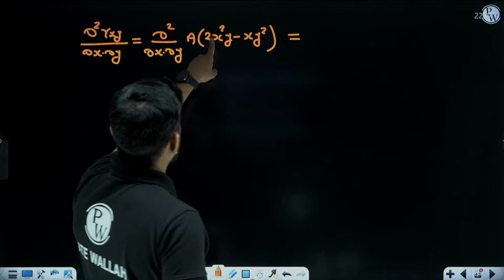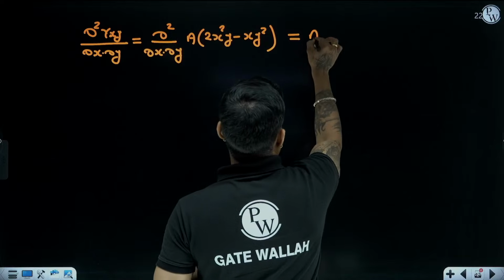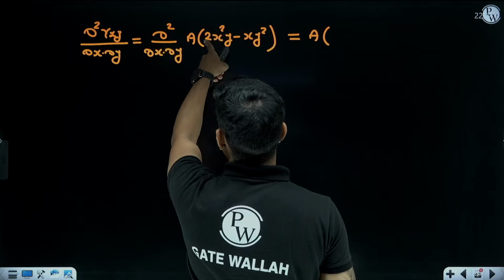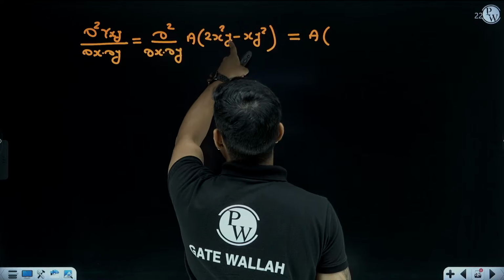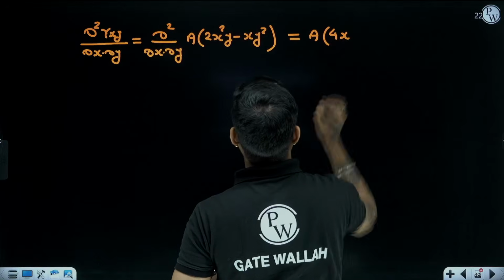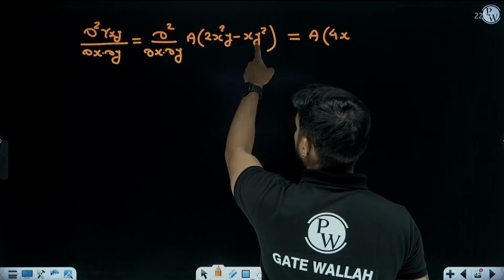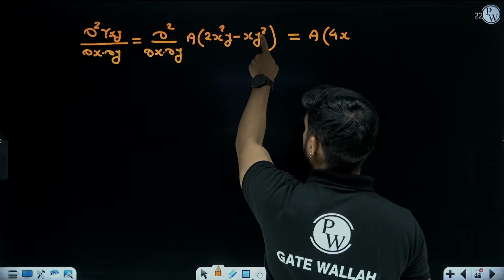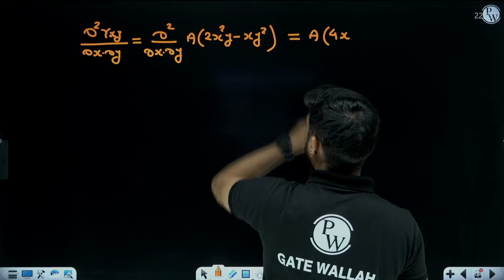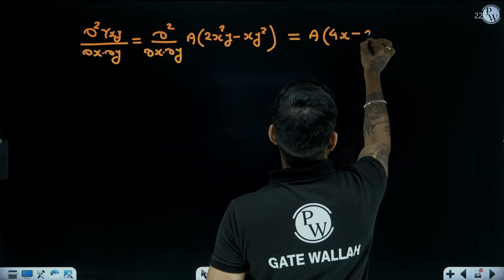So if you differentiate, A is here. If I differentiate it with respect to x one time, it will get 4xy, and y one time it will become 4x. Then if I differentiate it with respect to x one time, it will get y square, and if I differentiate it with respect to y one time, it will become minus 2y.